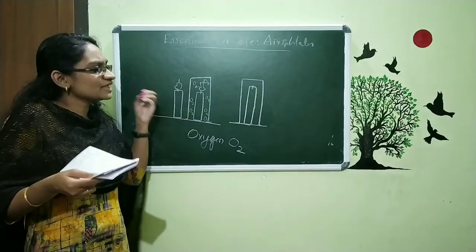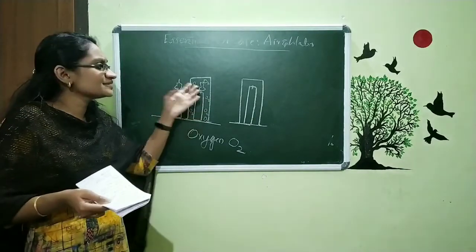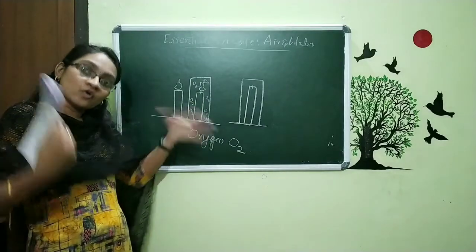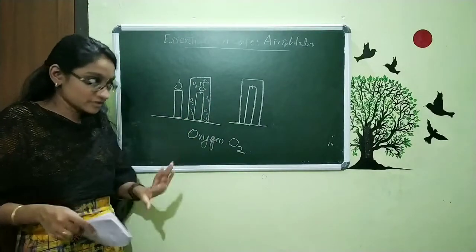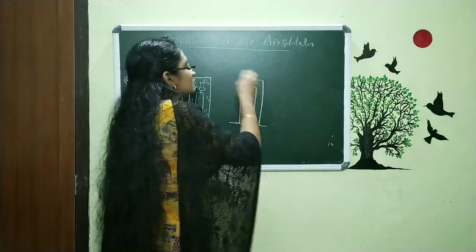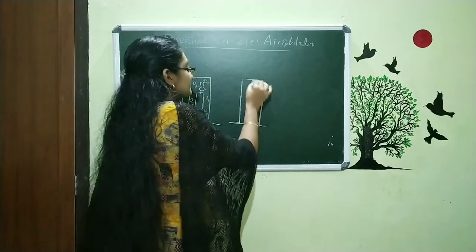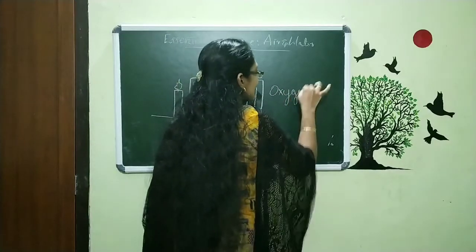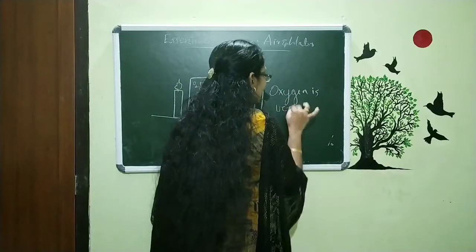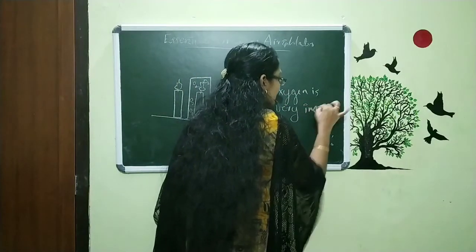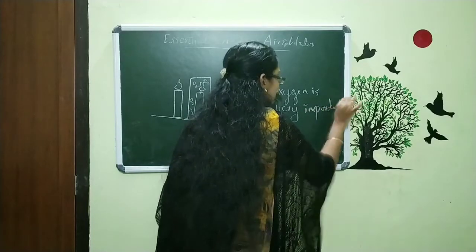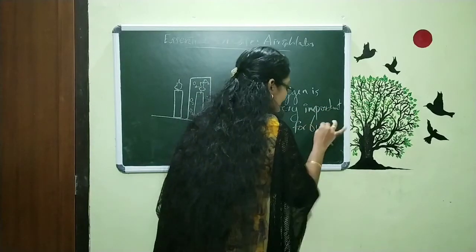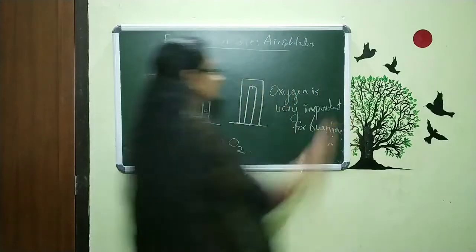As with all other fuels, this oxygen is getting used up. When the oxygen is over, what happens? The fire will stop. So here we can say oxygen is very important for burning.